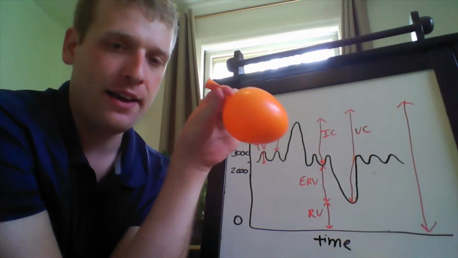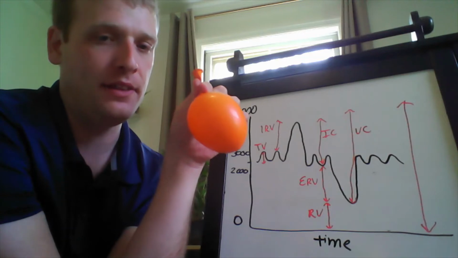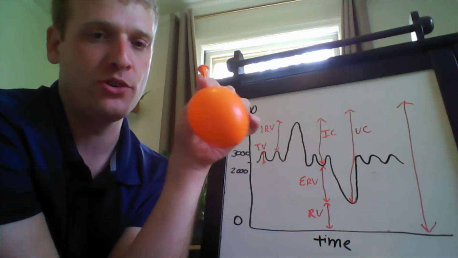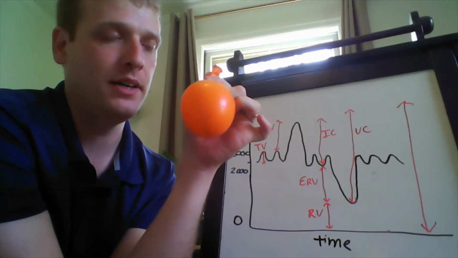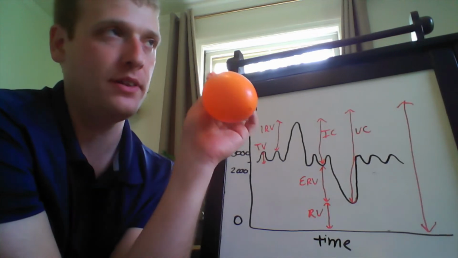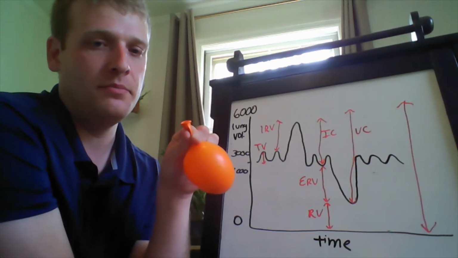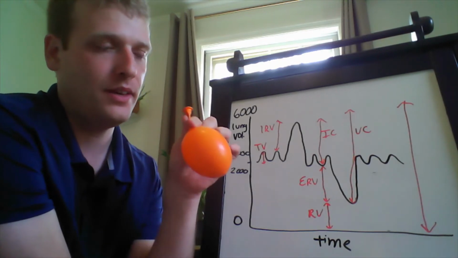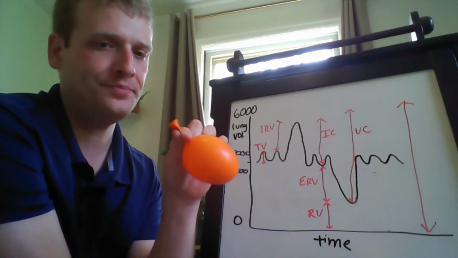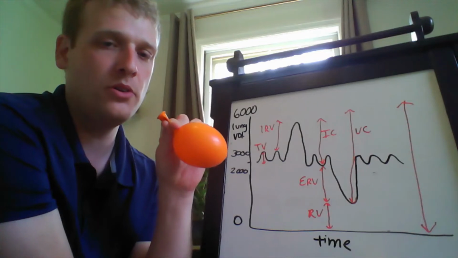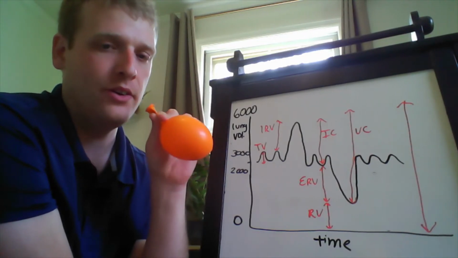Your lung is never going to completely deflate. There's always going to be some reserve volume unless there's something unspeakable that happens. So when you take a breath out, you're going to have some volume left. But let's say you take a normal breath in just at rest.